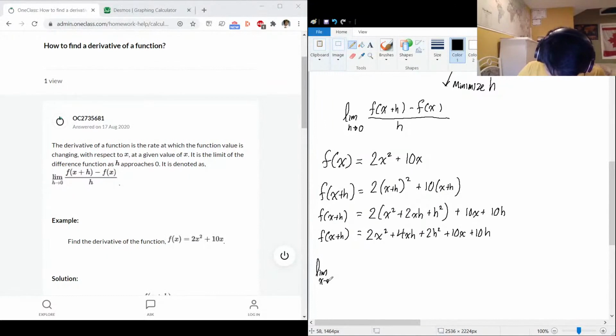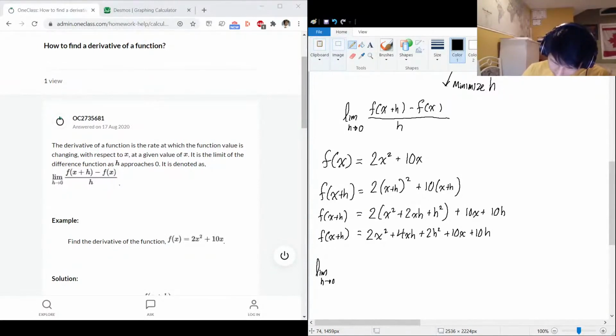Limit, oops, it's not x approaches, h approaches 0, because we still need x to find derivatives at certain points. The derivative is just going to give us an equation to help us find the slope, but we need to sub in an x value to get the slope at certain values.